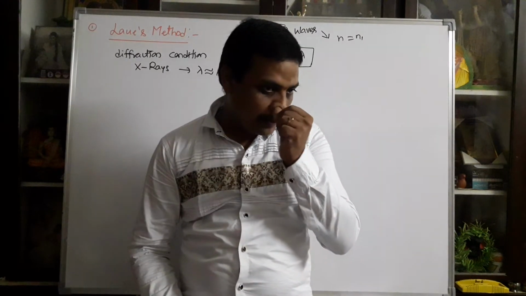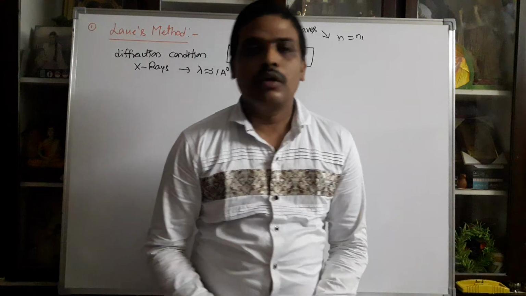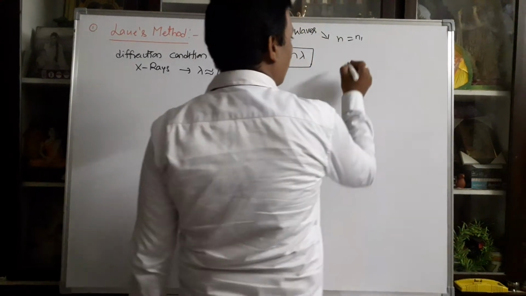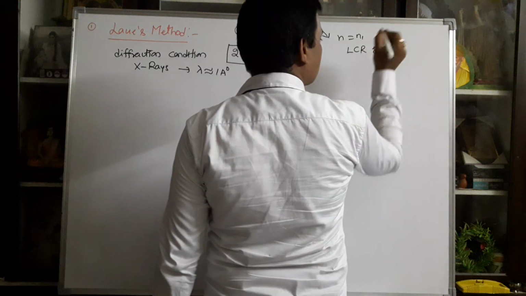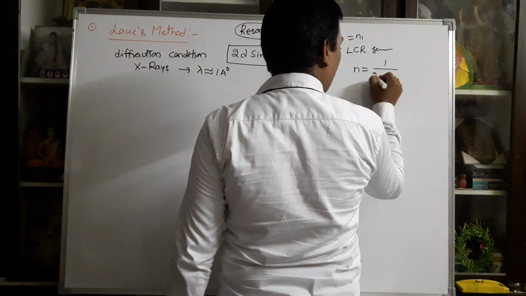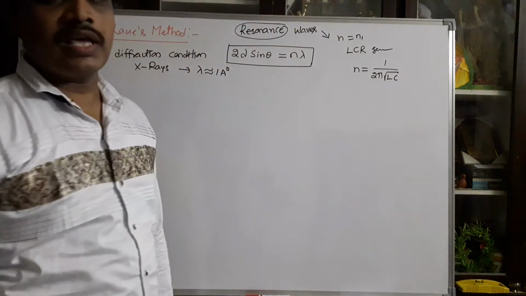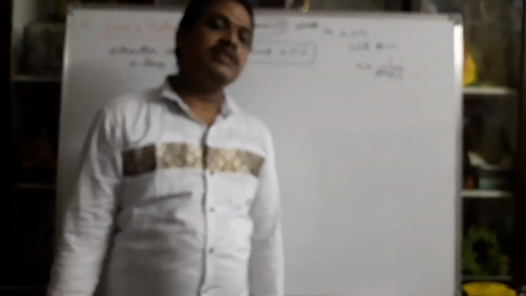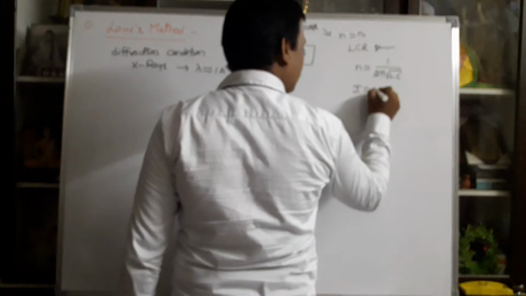That matching phenomenon is called resonance. In an LCR series combination in alternating current, the resonance frequency is n equals 1 by 2 pi root LC. That is called the resonance frequency in an LCR combination. At this resonance, the current value is maximum.